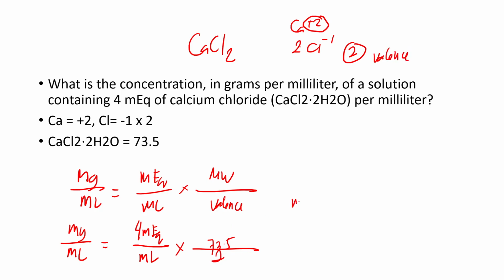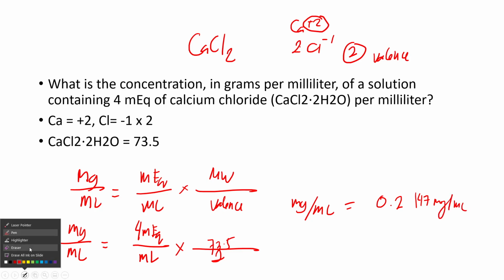And the answer is 147. 4 times 73.5 divided by 2 is 147 milligram per ml.